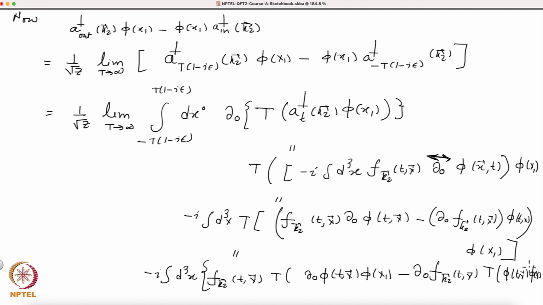Let me try to, times the time ordered product of phi t x and phi x1. Then the curly brackets close here.